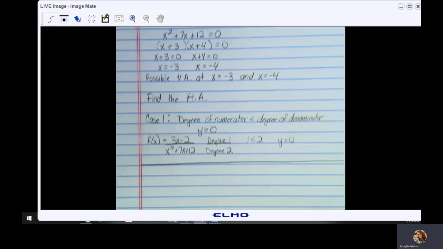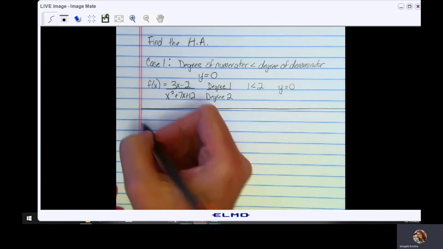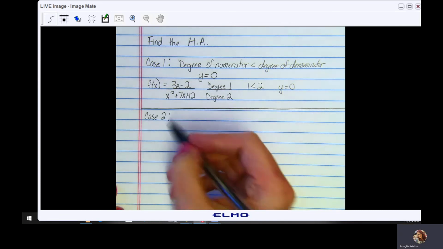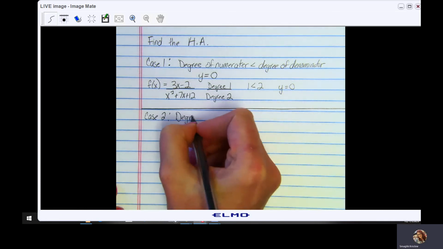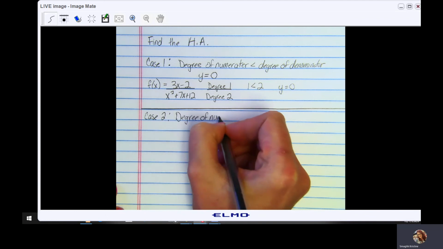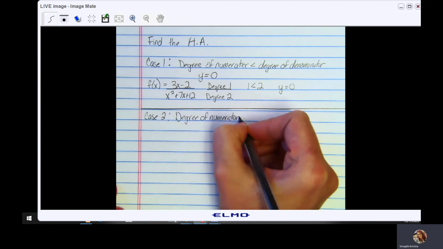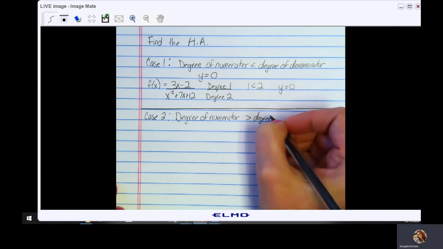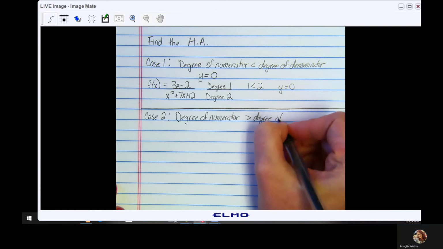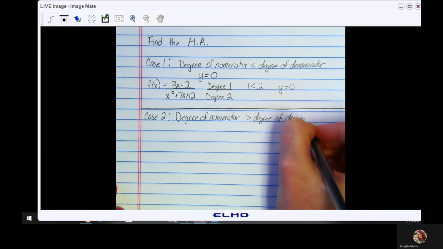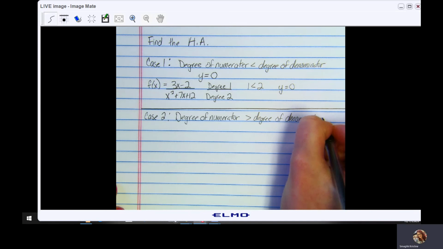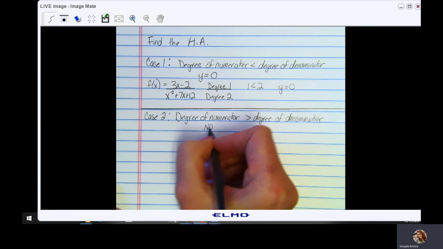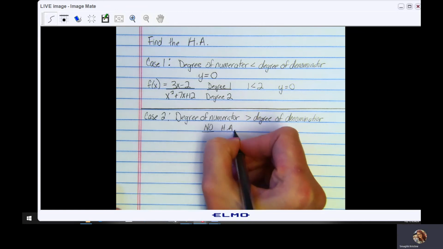Let's look at another case. Case 2. We'll say the degree of the numerator is greater than the degree of the denominator. This means you have no horizontal asymptote.